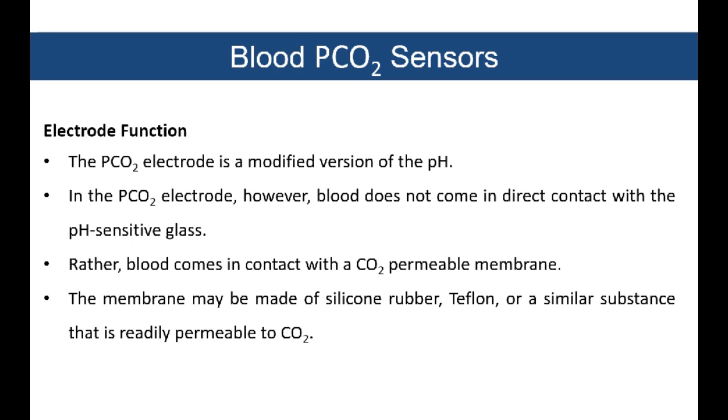In the PCO2 electrode, however, blood does not come in direct contact with the pH sensitive glass. Rather, the blood comes in contact with a CO2 permeable membrane. The membrane may be made of silicone rubber tube, Teflon, or a similar substance that is readily permeable to CO2.